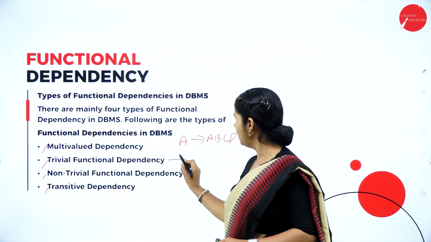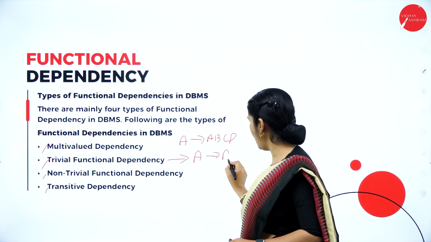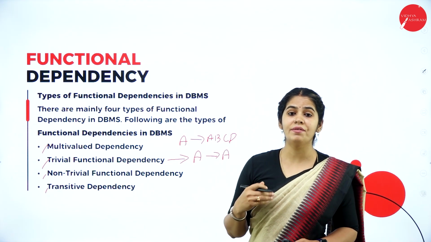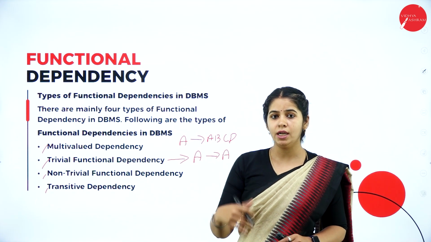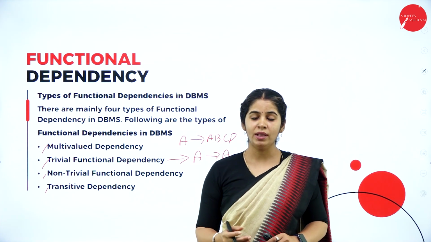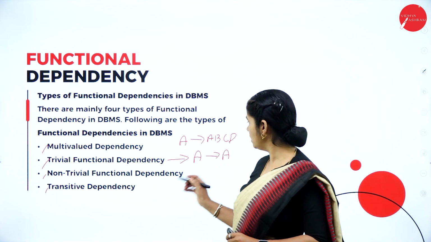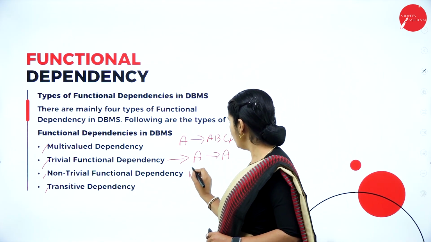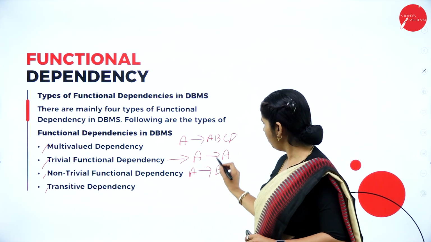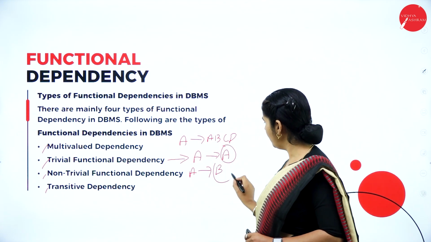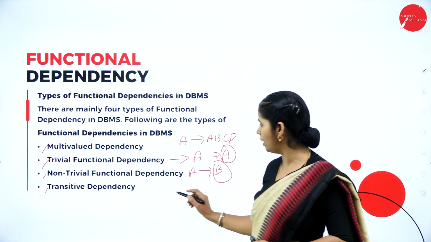Trivial: A determines itself. That is called a trivial functional dependency. Each attribute determines itself. Non-trivial: A determines B. Except trivial, if it is determining some other attribute, that is called non-trivial.